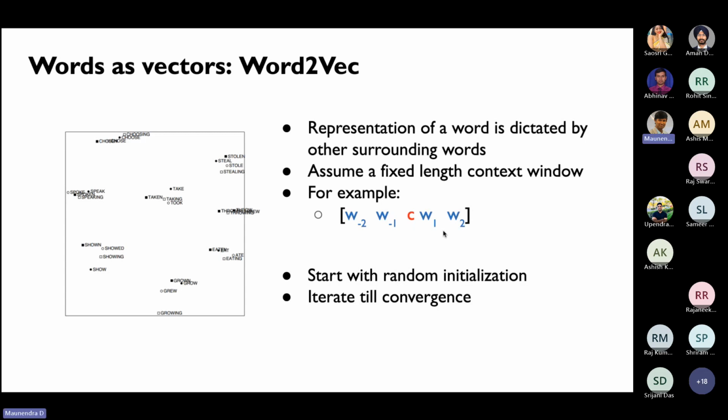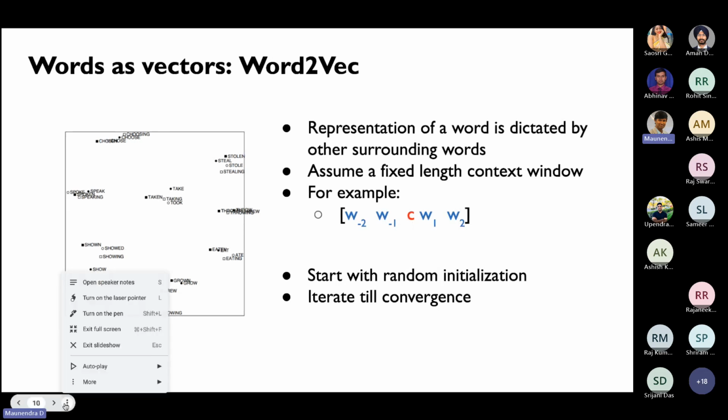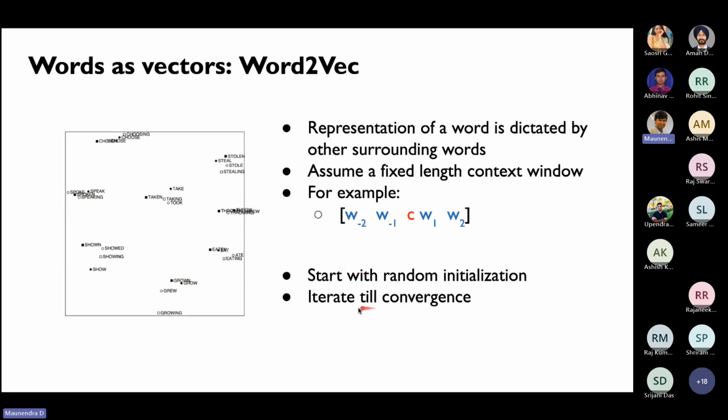Then as the process goes on, we will update the vector of a word by looking at what other words it is co-occurring with. We'll keep doing this process for each word, and then finally when this entire process converges, we can say that our learning is complete and we can now use these word vectors for our tasks.